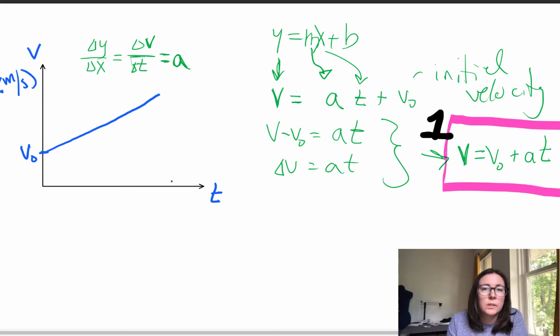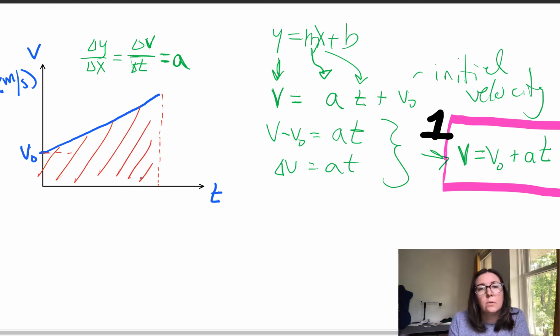Now we can use this equation again to talk about the position. Remember from Mr. Anderson's video or one of the other videos that we talk about the change in position on a velocity versus time graph as being the area under the curve. So if we found this area, that would be our displacement, or delta x.